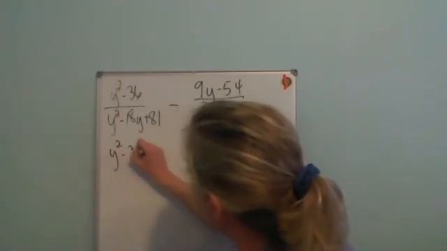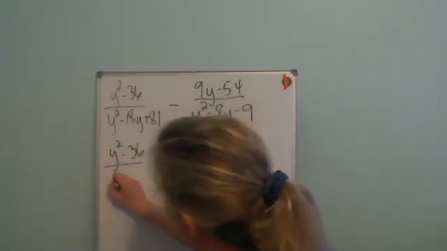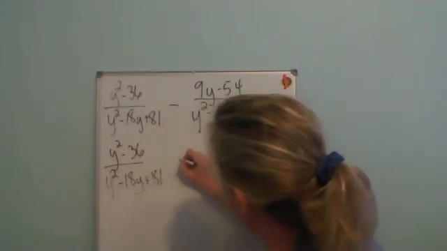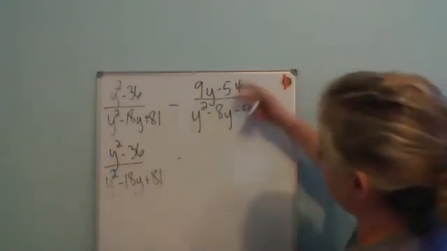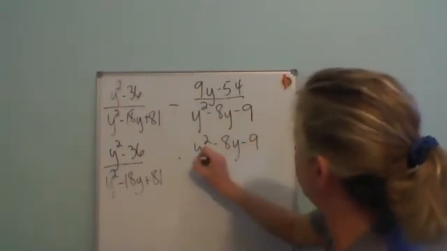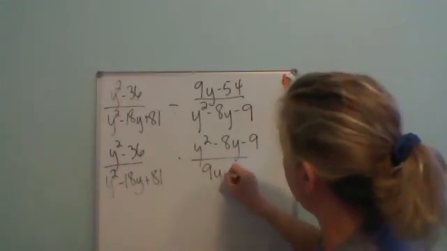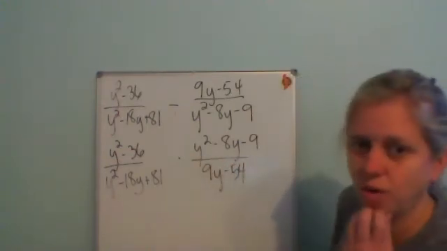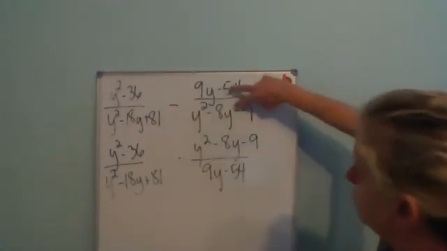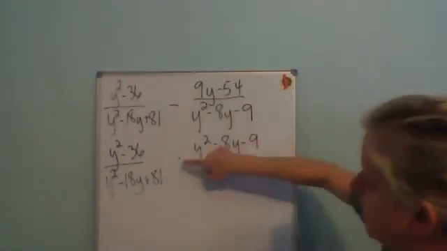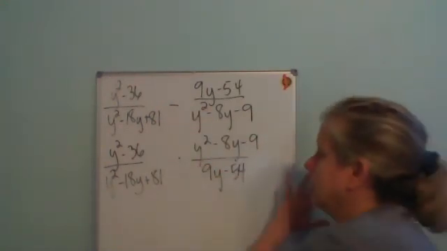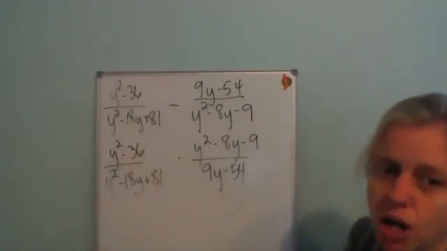So y squared minus 36 over y squared minus 18y plus 81 times, flip the second one, so y squared minus 8y minus 9 over 9y minus 54. So again, all I have done from the original problem is flip that second fraction upside down and change the division to a multiply. Now I'm looking at this and I see factoring all over the place.